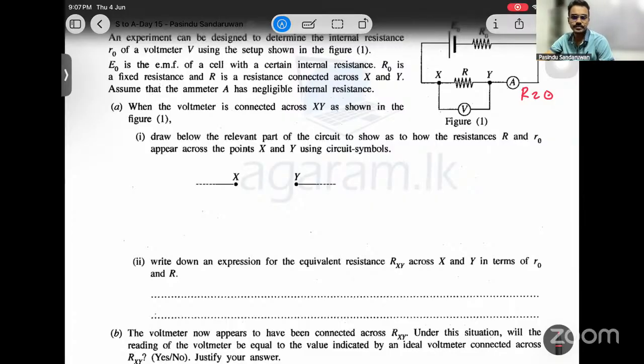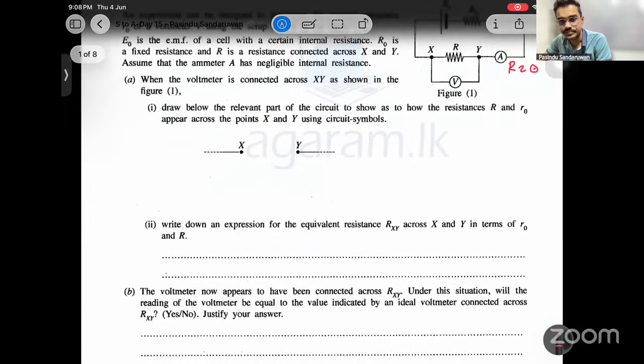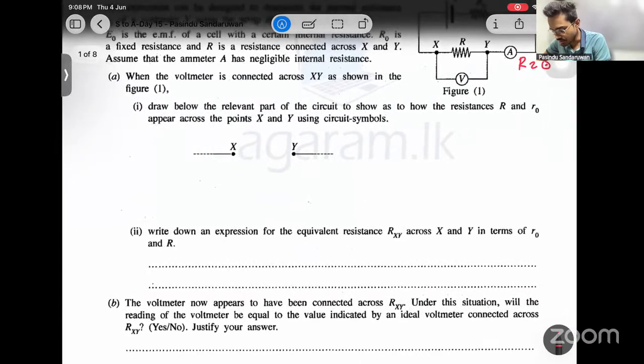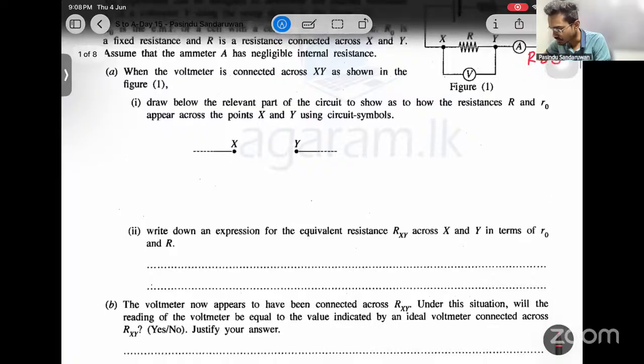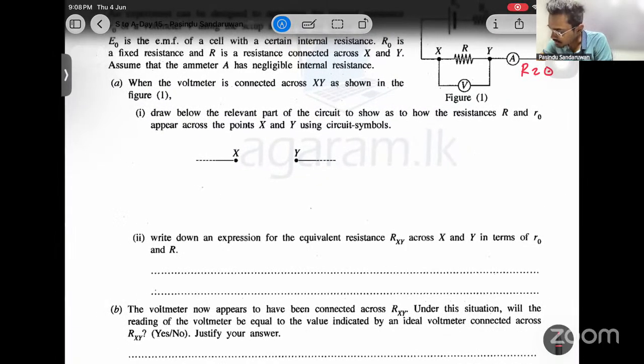We know voltmeters are connected parallel to the circuit, in parallel combination.